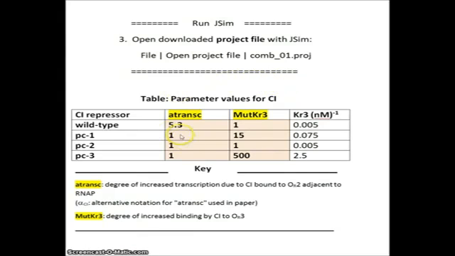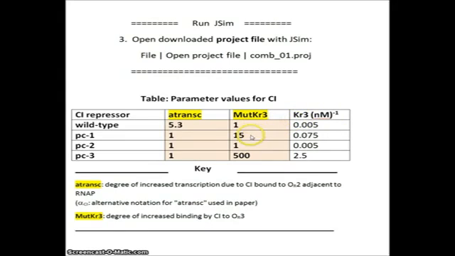We modelled this by changing these parameters, so the activation parameter and the mutation parameter. So there's the degree of activation by wild type, and the mutants have all lost that ability and have no degree of activation. Alternatively, they may have increased binding to promoter OR3.